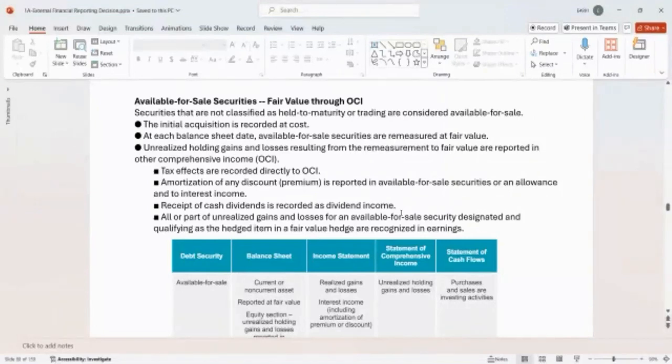Amortization of any discount or premium is reported in interest income. Receipt of cash dividends is recorded as dividend income. The hedged item in a fair value hedge is recognized in earnings.